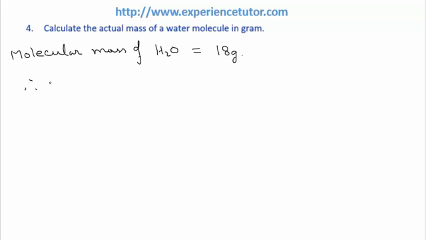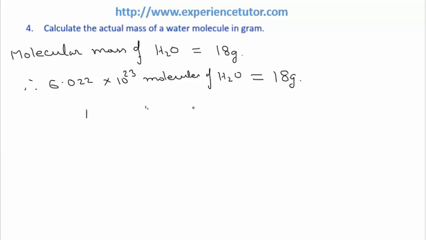Therefore we can write 6.022 into 10 to the power 23 molecules of water is equal to 18 gram.